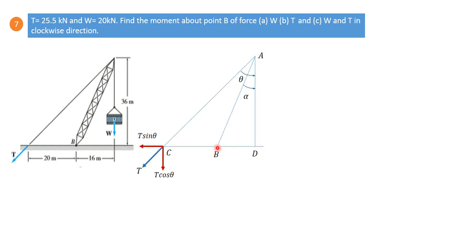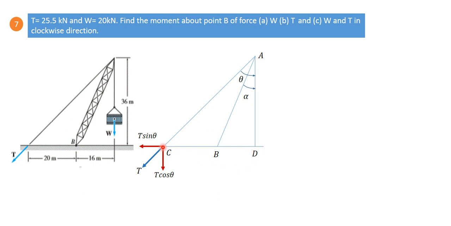The perpendicular distance BD is the perpendicular distance, and we can draw a perpendicular from point B to the line of action of T and multiply T by this perpendicular distance to get the moment about point B of this force T. This will be in the anticlockwise direction and the moment of W is in the clockwise direction.